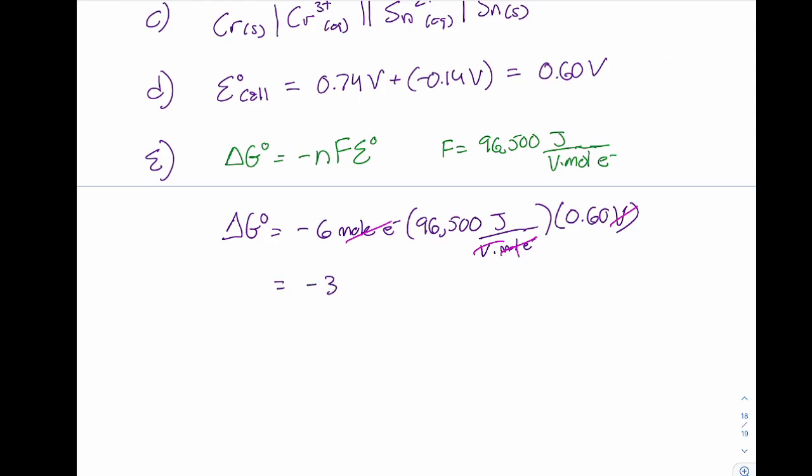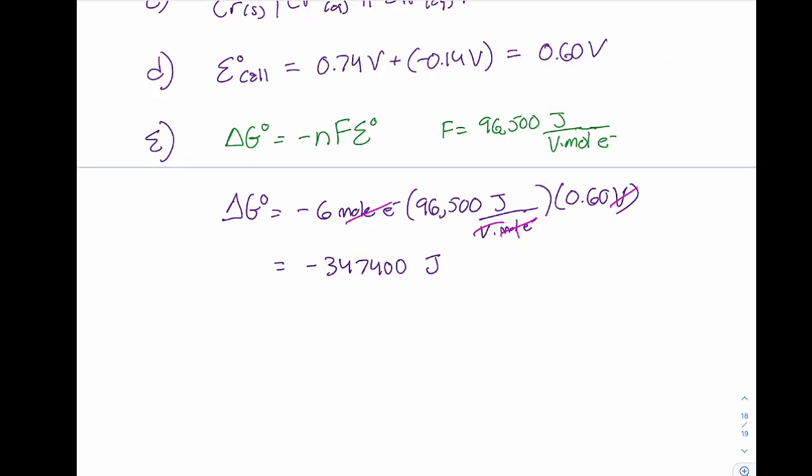We'll worry about sig figs and rounding in a second. So it's negative 347,400. And this is in joules right now. I am going to convert it to kilojoules. And then also we want 2 significant digits in our answer. So I'm going to convert to kilojoules and then also round to my 2 significant digits.